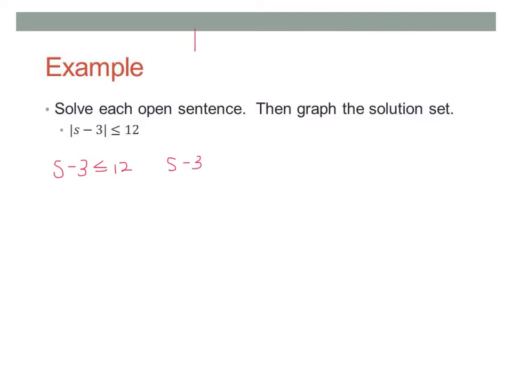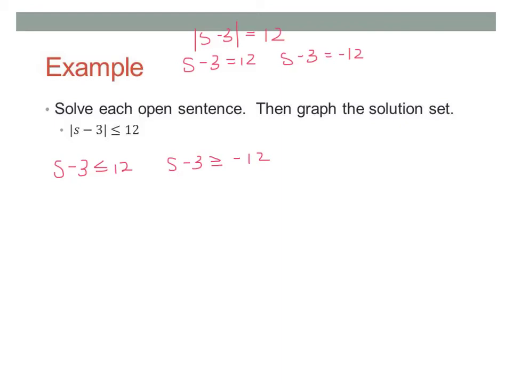Remember when you had an equation and it was equal to 12, you wrote s minus 3 equals 12, and you wrote s minus 3 equals -12. So here's the only difference: I had my positive case, that was my first case there. Your negative case, you're going to flip the inequality, because to make that 12 be a -12, we're going to consider that we multiplied it by -1, and so you have to flip your inequality.